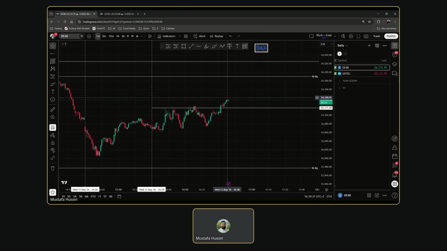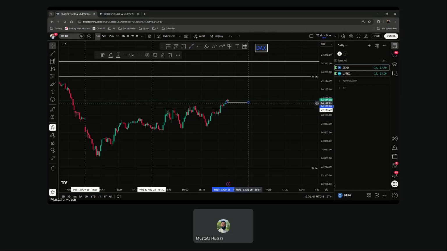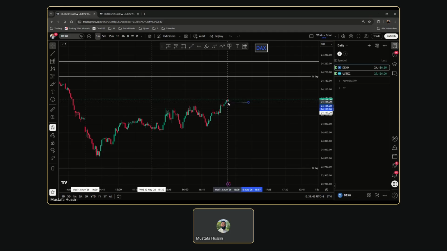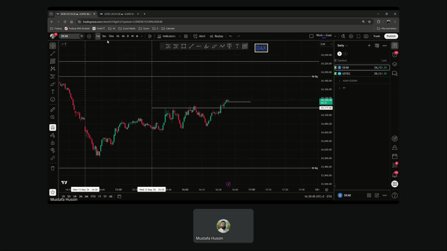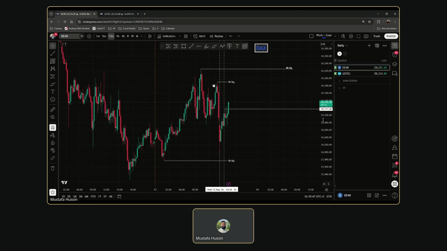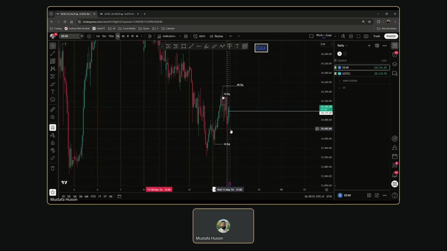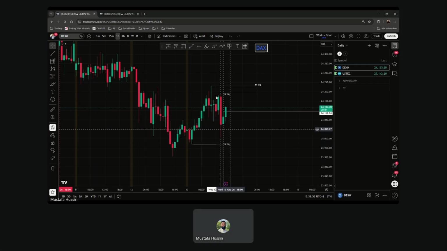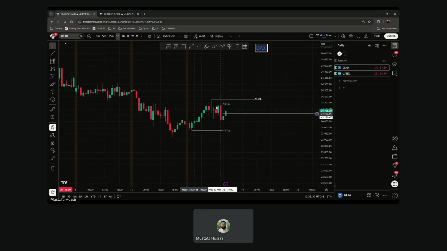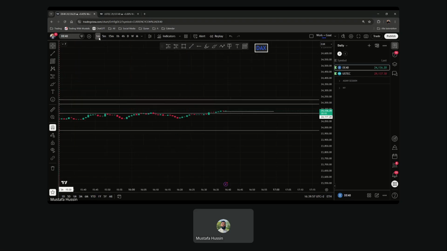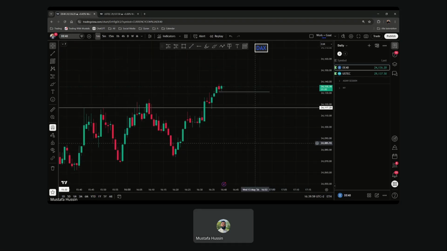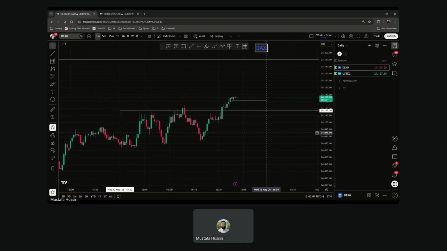I'm going to give it a last shot right here. If it gives me a break of structure and a move to the downside, I'm expecting it to either move and continue to the downside, continue the bearish trend, or then we leave it. Let's see.